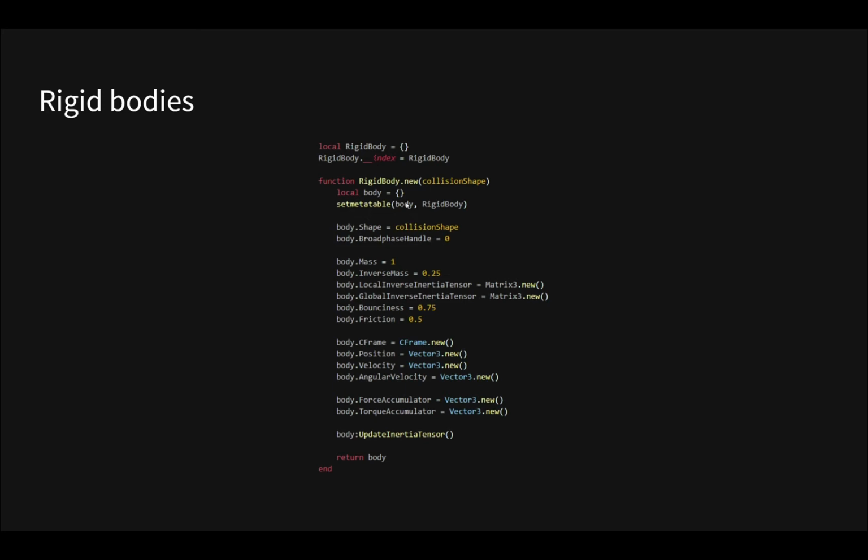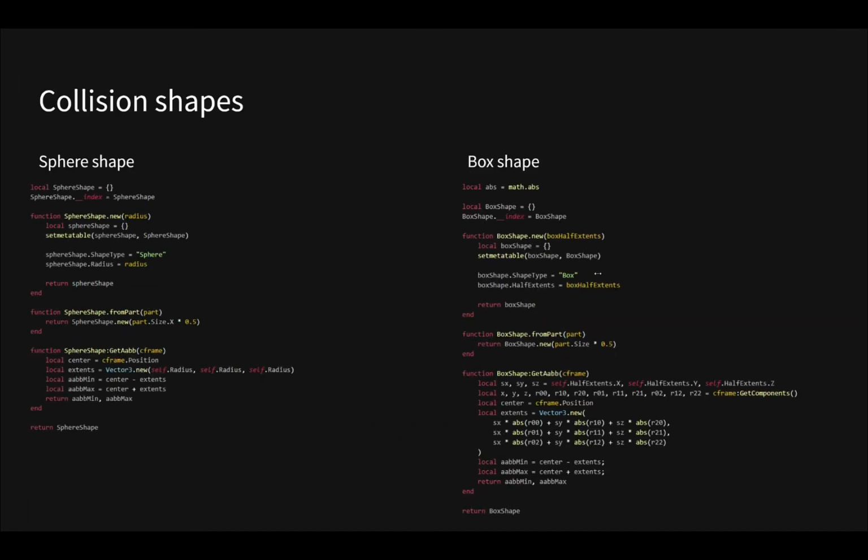Rigid bodies also have a physics shape or collision shape. Collision shapes are defined like this. I have two examples here: a sphere and a box. A sphere is just defined from a radius.